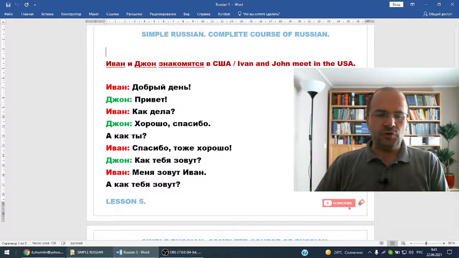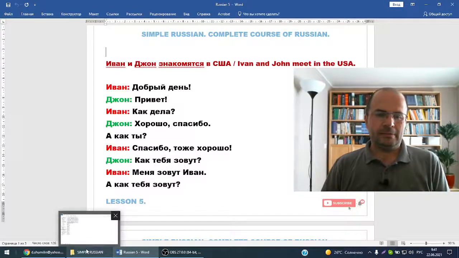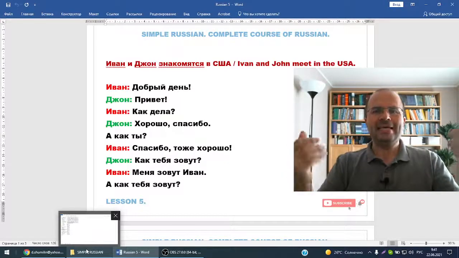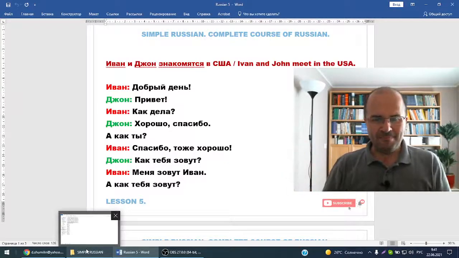So far we've learned some points from the Russian grammar. You know the personal pronouns я, ты, он, она, мы, вы, они. We know, of course, the alphabet, we can read.